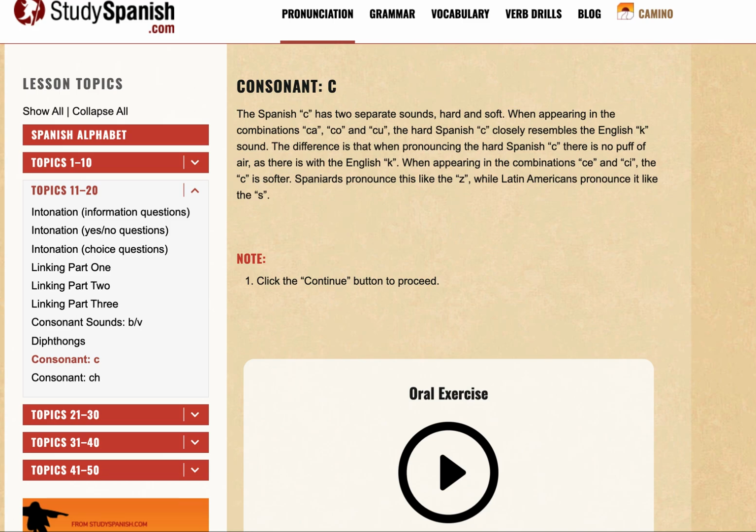First of all, CA, CO, and CU resemble the K sound, and that's supposed to be the hard Spanish C. And CE and CI are softer, and they would resemble the sound of Z for speakers from Spain, or it is S if it is for Latin Americans, right?